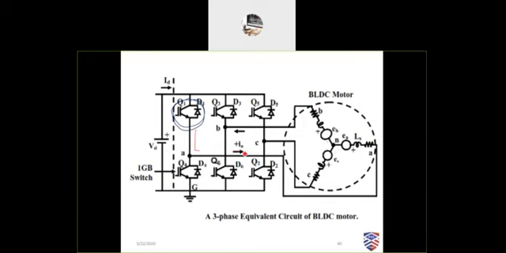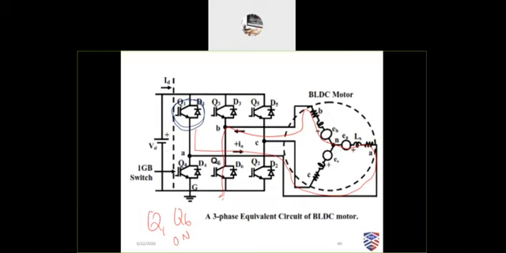It goes to A, then B, then comes here. That means Q6 is on. Goes to ground. So here Q1 and Q6 are on. Likewise, you can decide upon which phase has to be excited. So this is again available in the handout. Please read the handout.